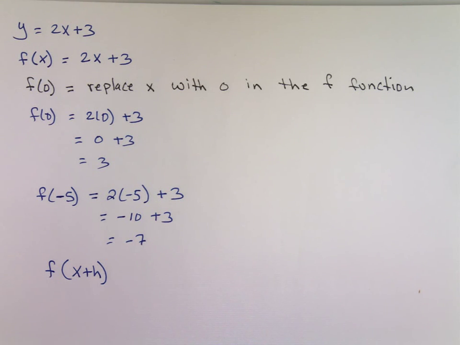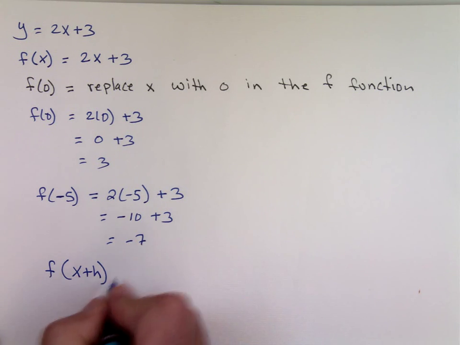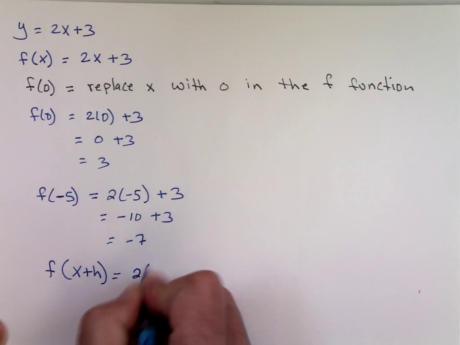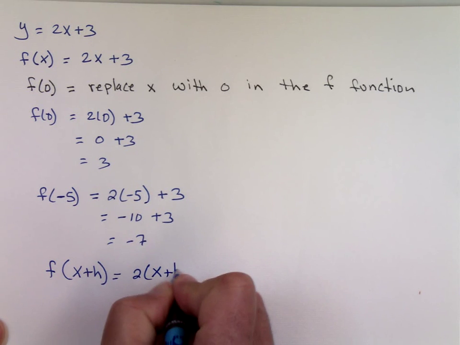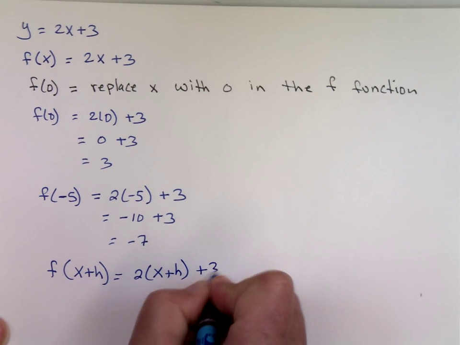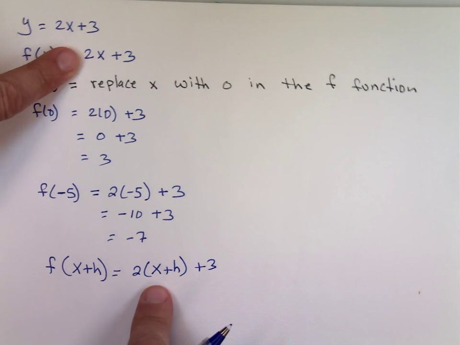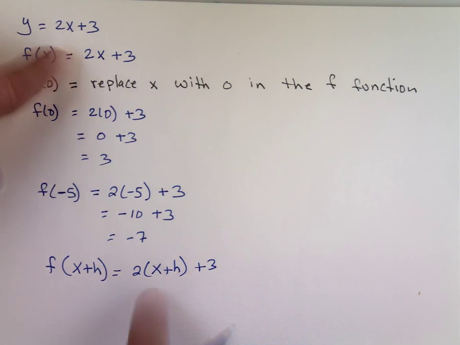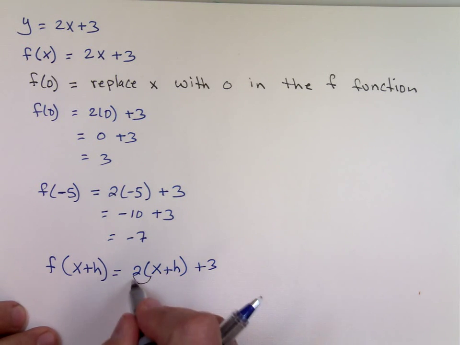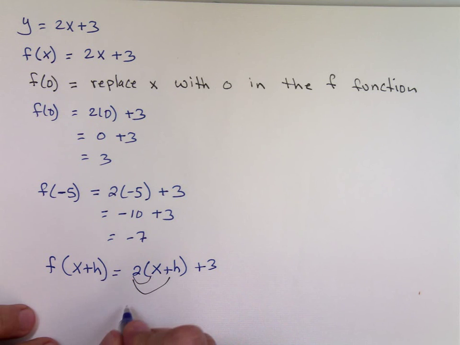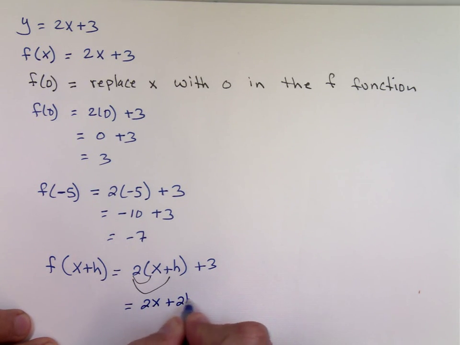So we had, this will be 2 times x plus h plus the 3. You're replacing x with x plus h. Distribute that. That will give me what? 2x plus 2h plus the 3.